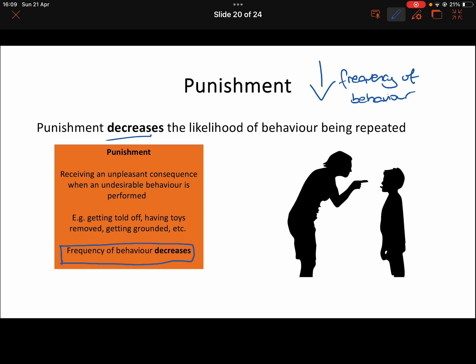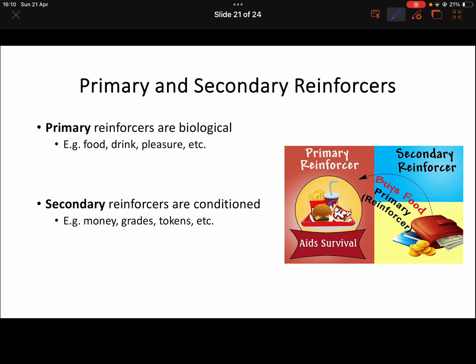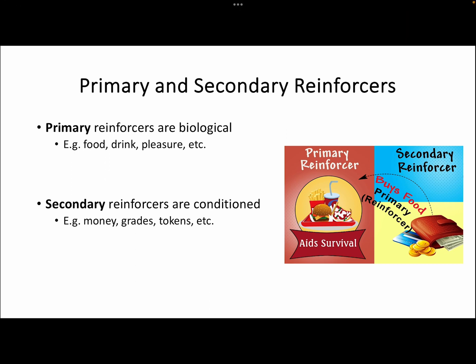And now another important note, not necessarily for this topic, for approaches, but you will need to look at these in other areas of the specification, like in attachment, like in forensic psychology, and also in schizophrenia as well. This is the idea of primary and secondary reinforcers. Primary reinforcers are those that we are instinctually desirable.